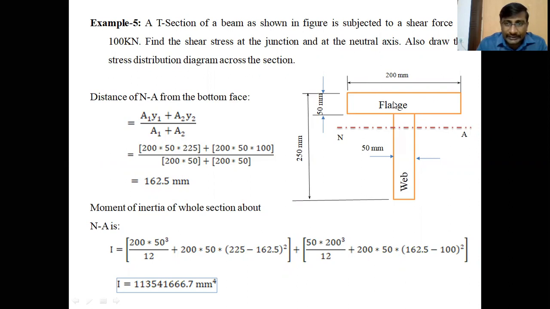And then the shear stress in the flange at the junction, the shear stress in the web at the junction, the shear stress at the neutral axis, and the shear stress at the extreme bottom layer. These are the values. So the shear stress at the extreme bottom layer is 0. The shear stress at the extreme upper layer is 0. These two values we can directly write as 0. And you should find the shear stress at the junction, and the shear stress at the neutral axis.